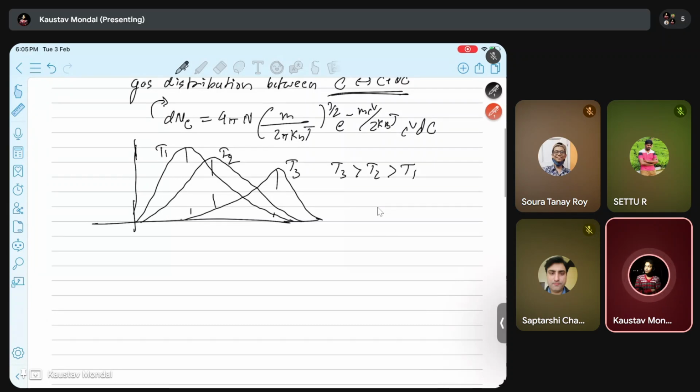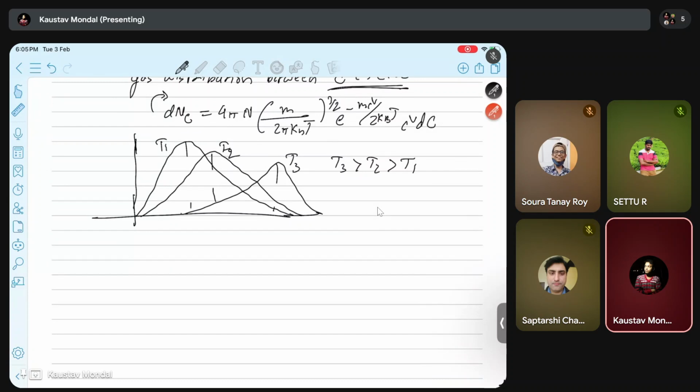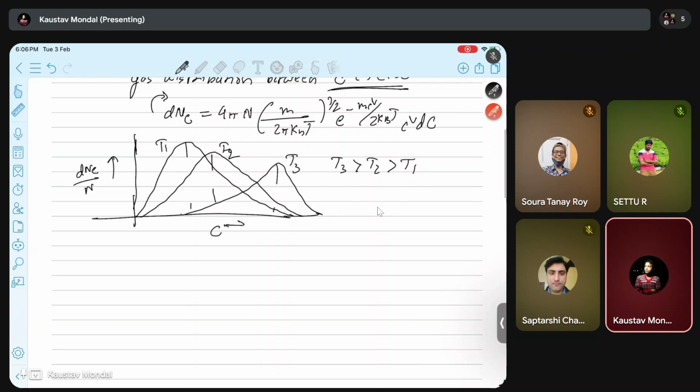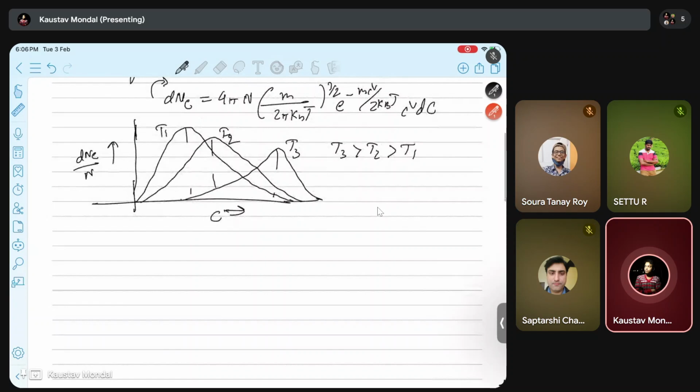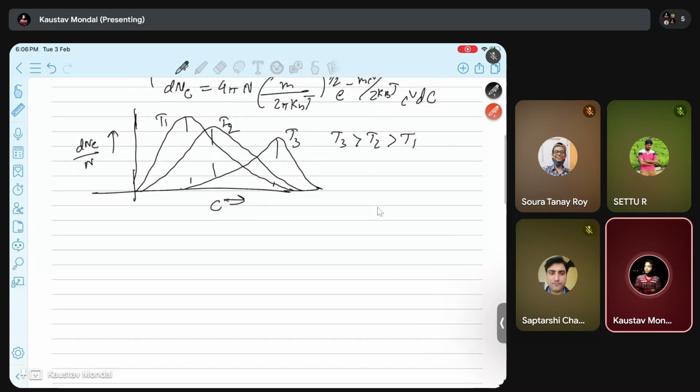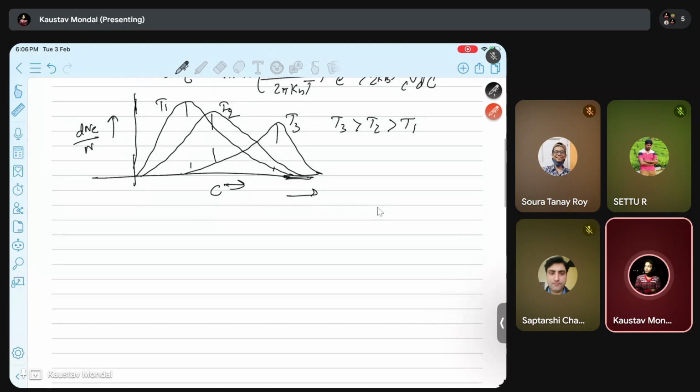This axis is C. So if you increase the temperature, the mean of the distribution shifts to this side, towards higher values of speed.